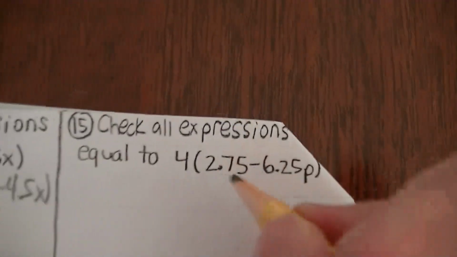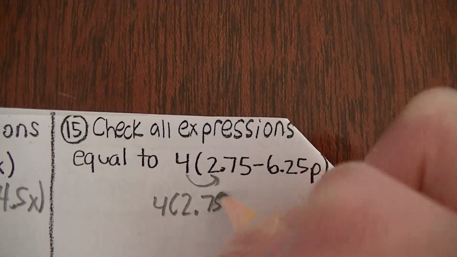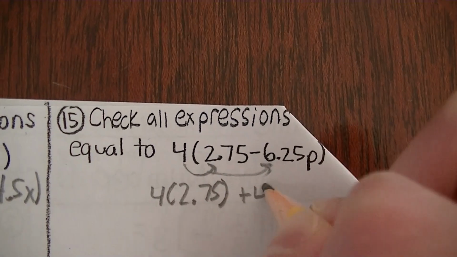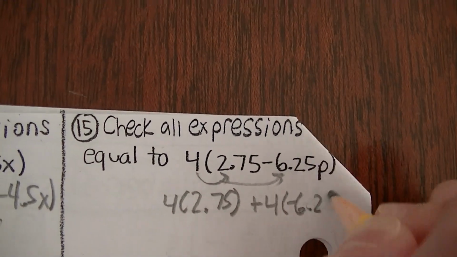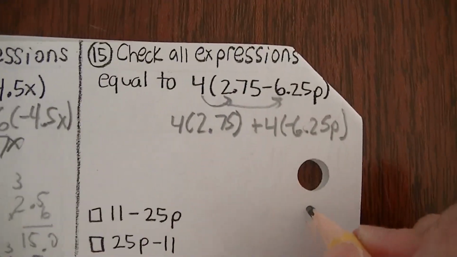Okay, check all expressions that are equivalent to this expression. So 4 times 2 and 75/100ths plus 4 times a negative 6 and 25/100ths p. Okay, 4 times 2 and 75/100ths. I'm going to write it over here.